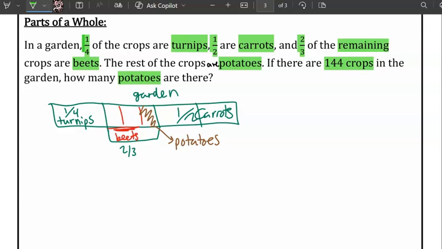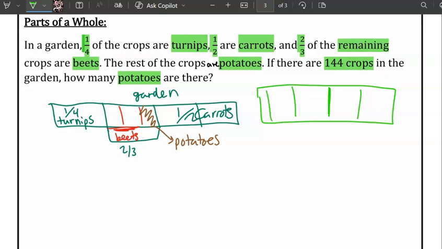Let's figure out how many pieces we would have if we put 3 into each of these other 3 rectangles. Let's draw it out again. So we have half and we have fourths, and then for the 2/3 of the remaining, we're going to have 3 in each of those. 1, 2, 3, 4, 5, 6, 7, 8, 9, 10, 11, 12.